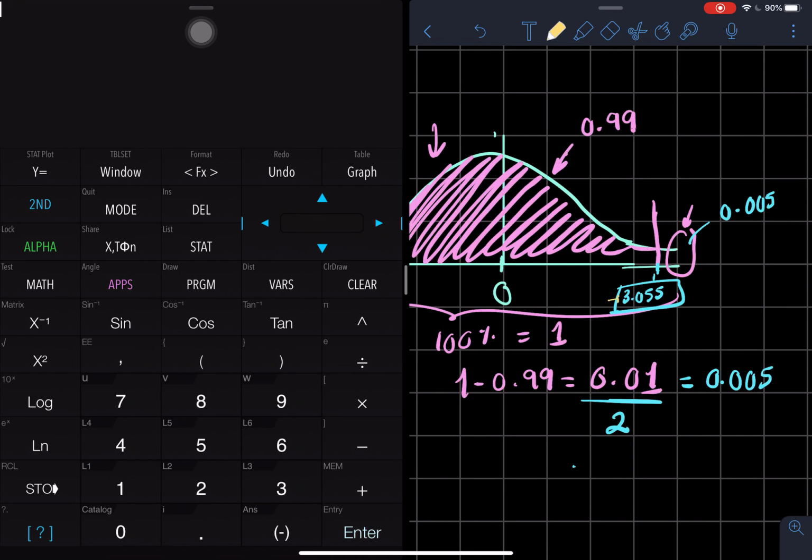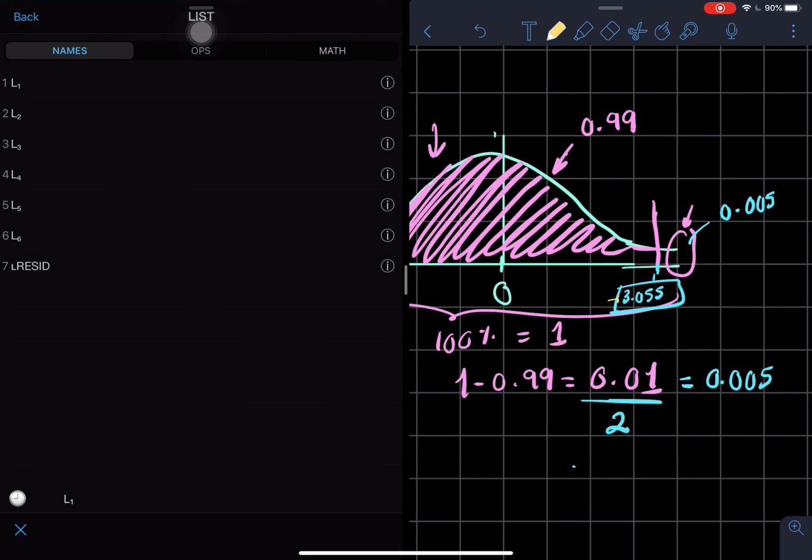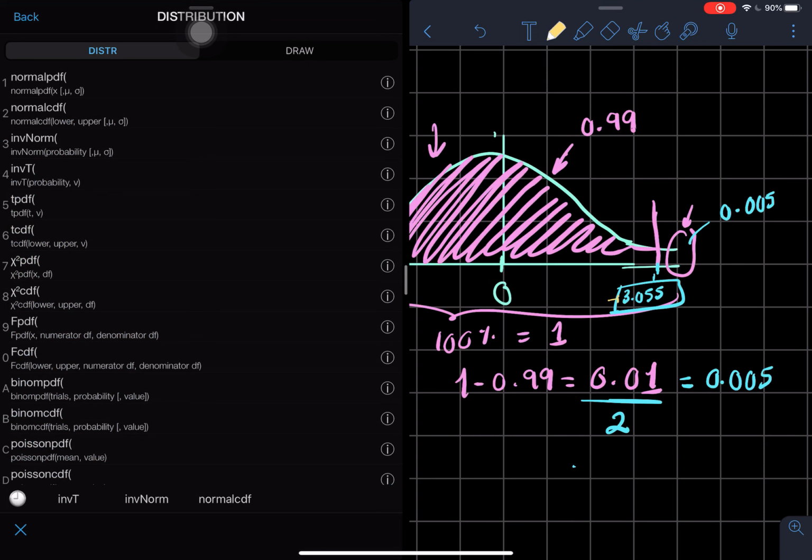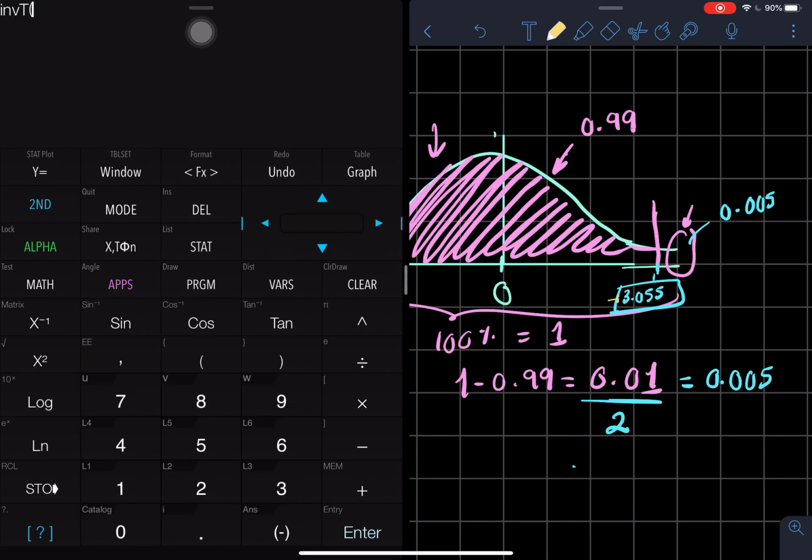Okay, so just like last time, we're going to do second stats. Oh wait, is it here? I think it's second distribution. I mean second vars, sorry. Second and then vars. And we use something called inverse t. It's going to give me my probability. It prompts me to put in a probability.